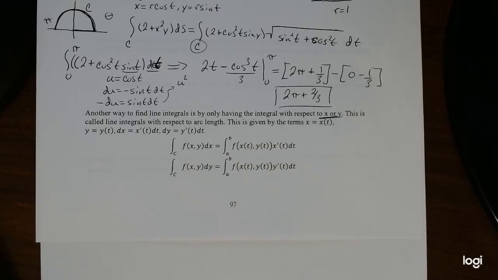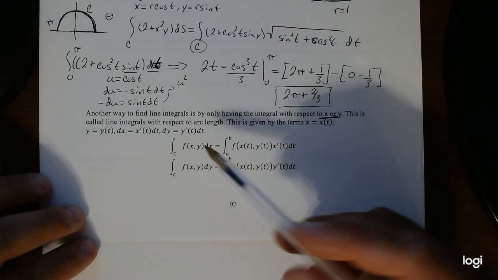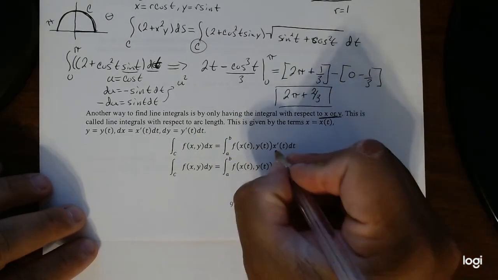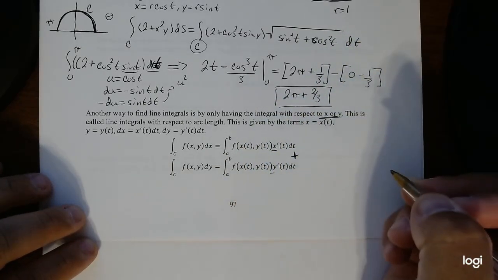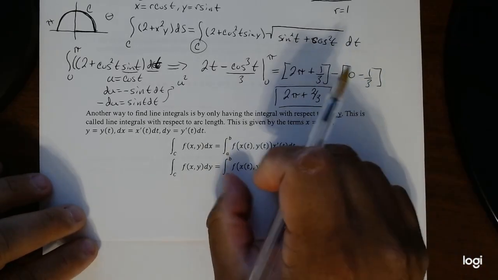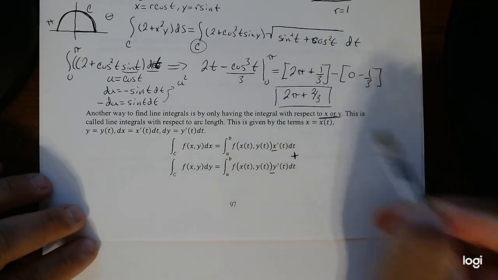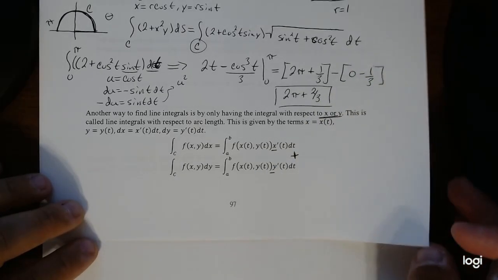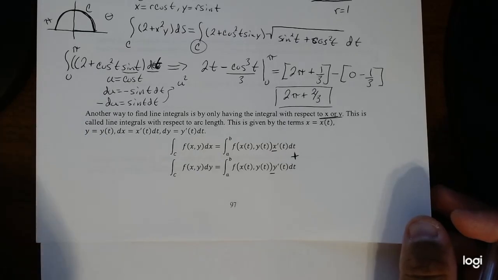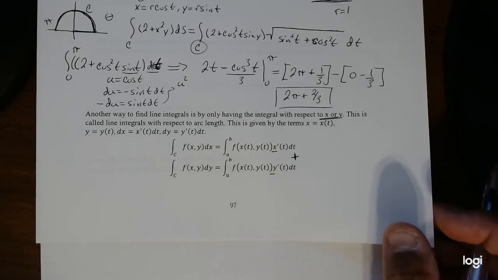This is given by the terms x equals x of t, y equals y of t, and then we just take the derivative of each one. So dx is x prime, and dy is y prime respectively. We do the integral with respect to x itself and y itself, and we just add the results together. Essentially, you just pop that on top of here, so it becomes one long integral, which is nice. And our bounds are going to be either x or y, and vice versa. So how will this work out?